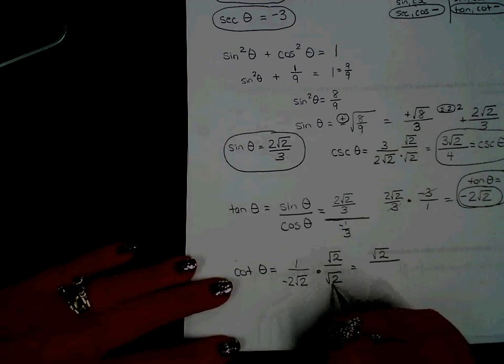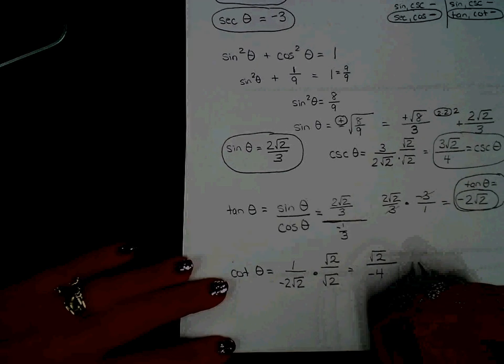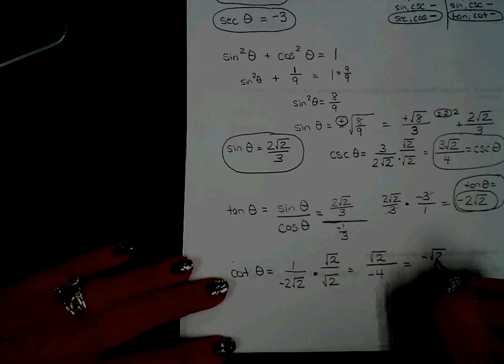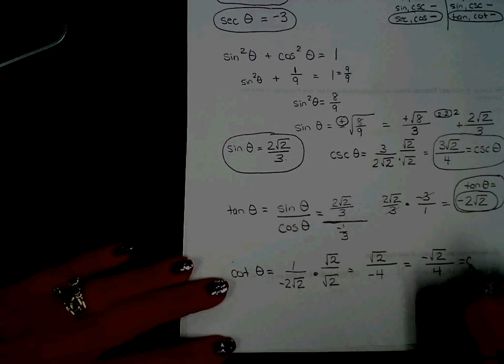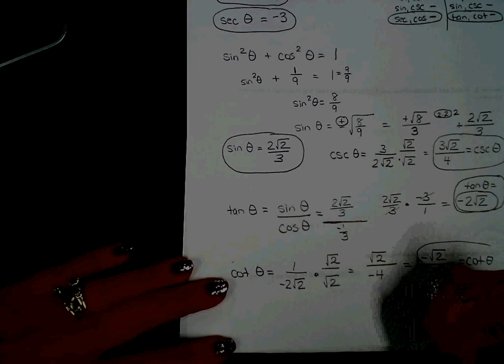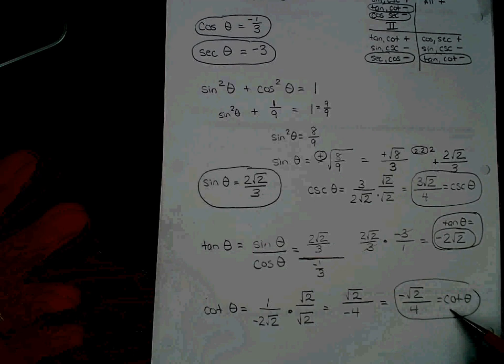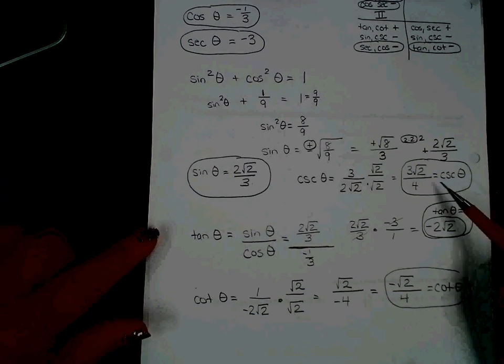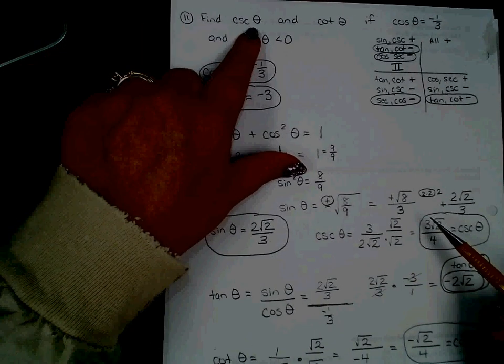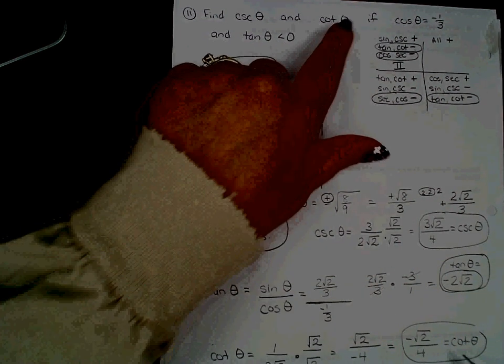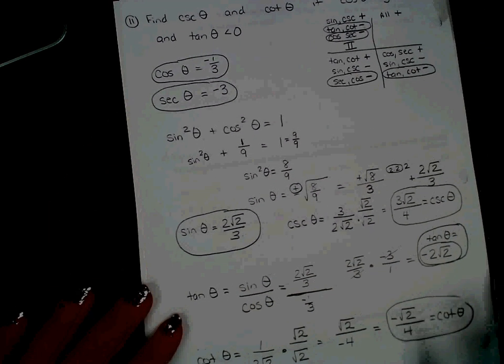Negative 2, okay, square root of 2 times the square root of 2 is the square root of 4, which is 2. 2 times negative 2 is negative 4. We don't leave the negative in the denominator. We bring it to the top. In that quadrant, cotangent is negative, and there it is. So if this was a multiple choice question, this would be my first answer, cosecant. This would be my second answer, cotangent.